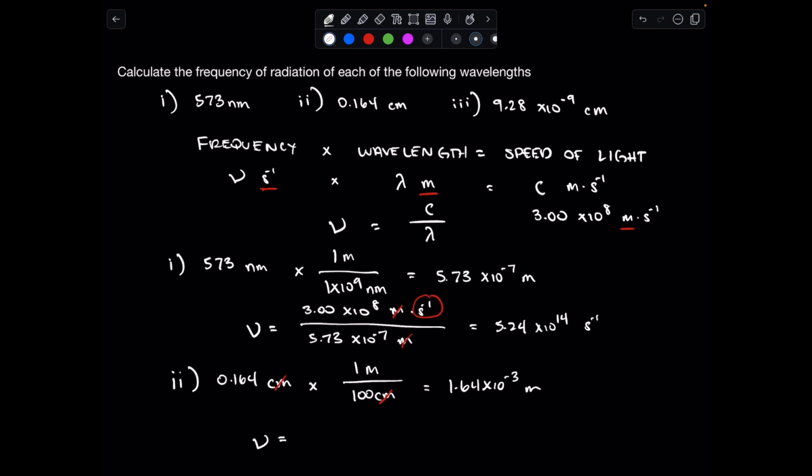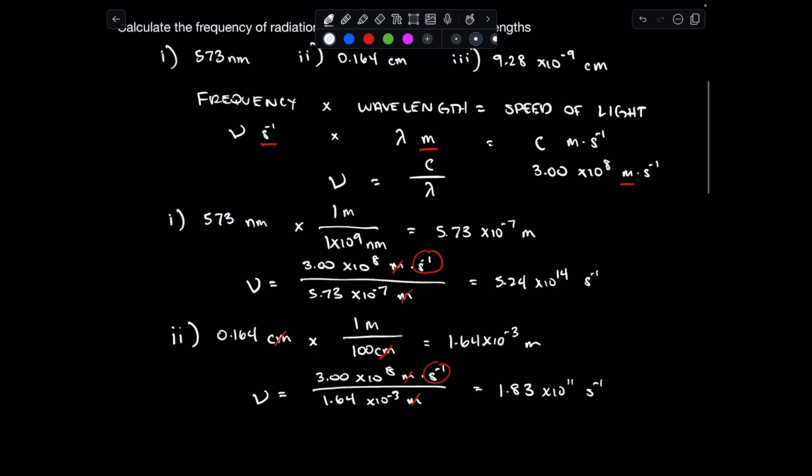Nu is equal to our speed of light, 3.00 times 10 to the 8 meters per second, divided by our new number, 1.64 times 10 to the minus 3 meters. And just like before, our units of meters will cancel out, leaving us only with per second, which is exactly what we need. This is going to be equal to 1.83 times 10 to the 11th per second.